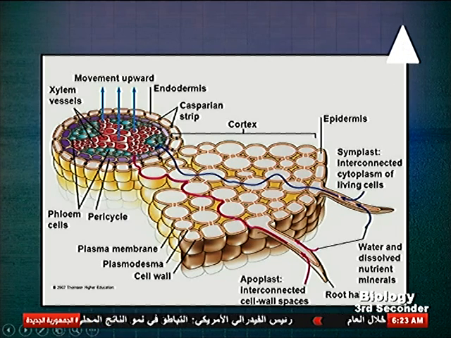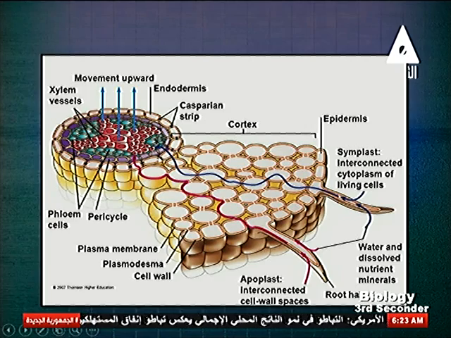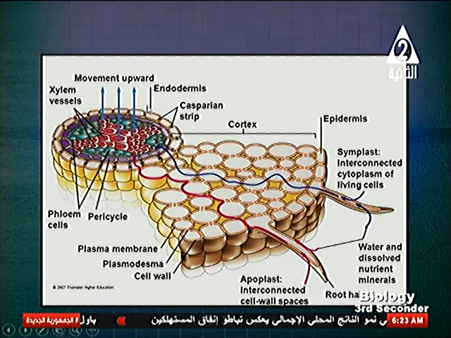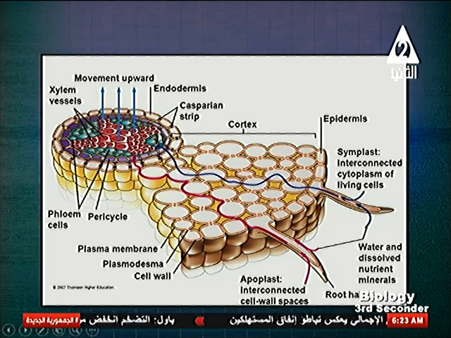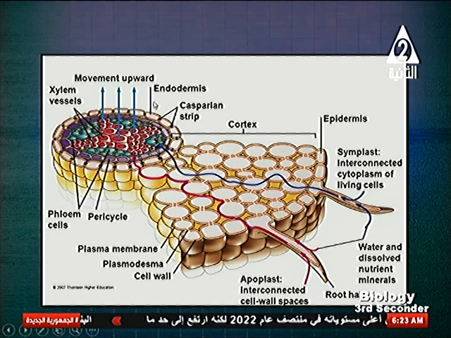But the root has lignin inside the xylem vessels or xylem tissue. Look here at the endodermis layer surrounding the vascular bundle in the root. It has the Casparian strip. The Casparian strip surrounds some parts of the endodermis.